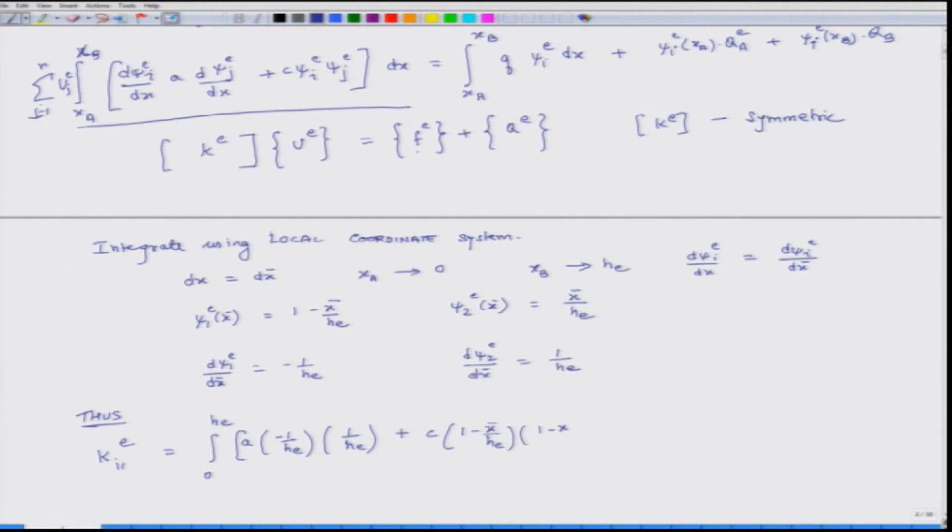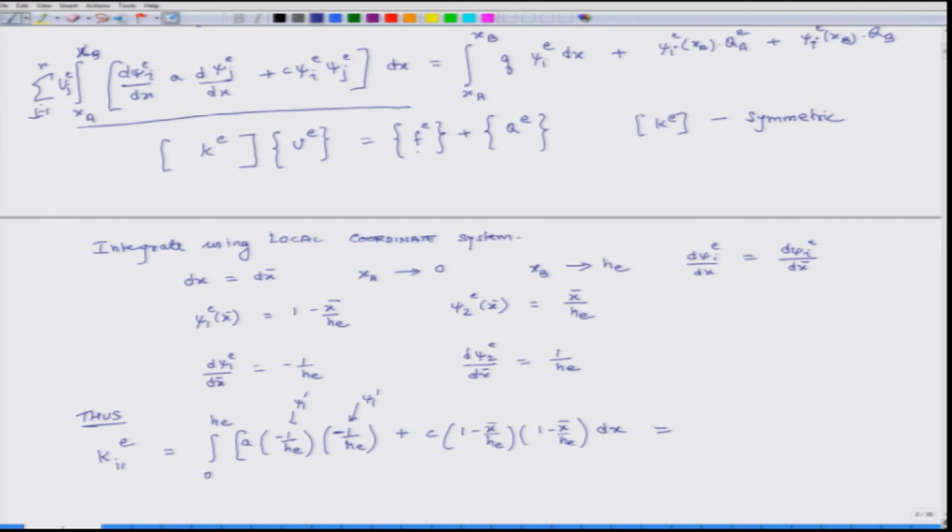So, 1 minus x bar over h e, and all this is going to be integrated with respect to x. So, this is k 1 1, and this should have a negative sign, because this is psi 1 prime and this is also psi 1 prime.